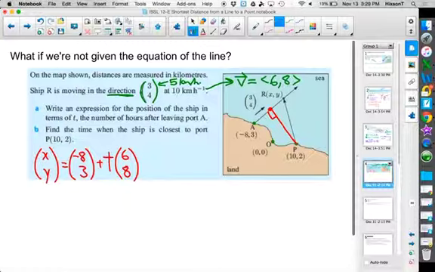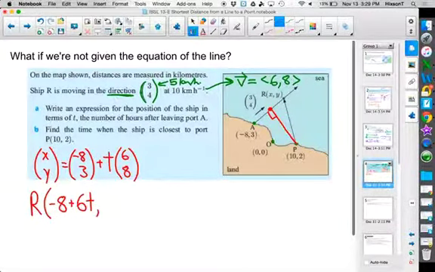At this point, we're actually back to where we were on the last two examples. Okay? We have the equation of a line. We have this point. What are we going to express point R to be? What's the x-coordinate of point R? -8 plus 6t. Good. All right?